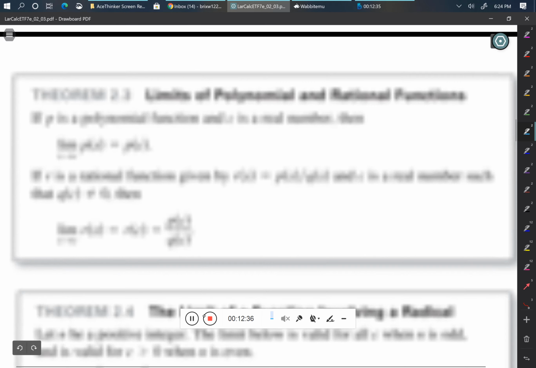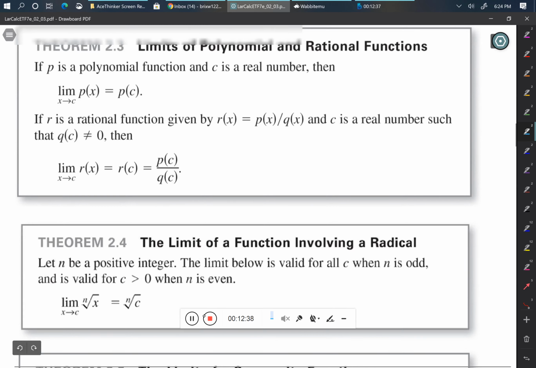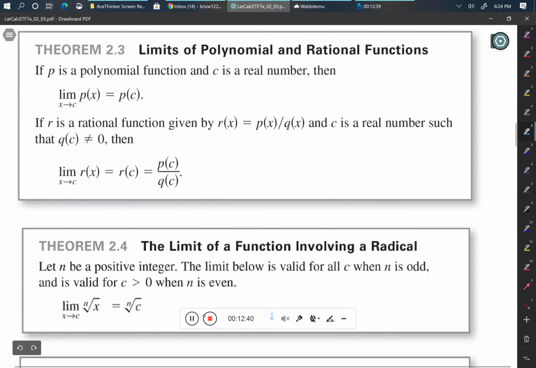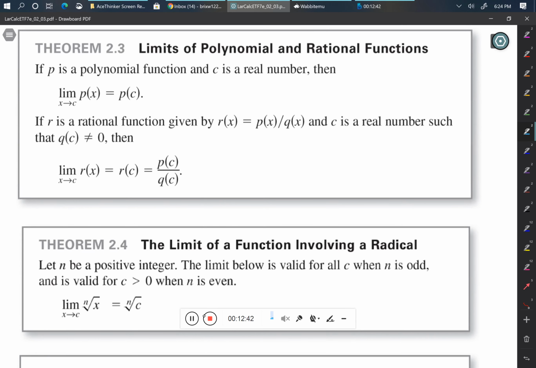Right? And what it does is it gives us a couple of theorems about limits of different types of functions. It reads, the limit of a polynomial and a rational function. If p is a polynomial function and c is a real number, the limit is just direct substitution.